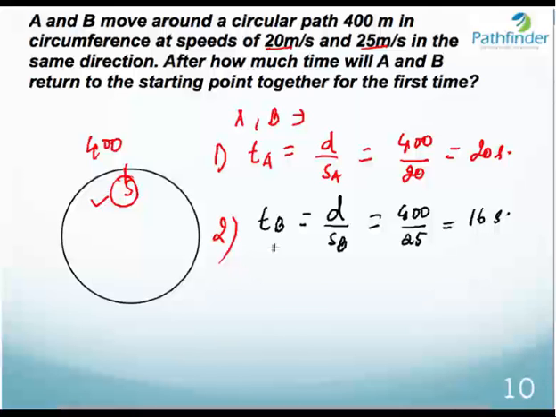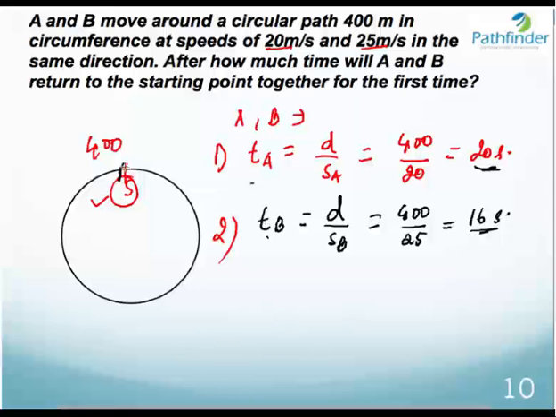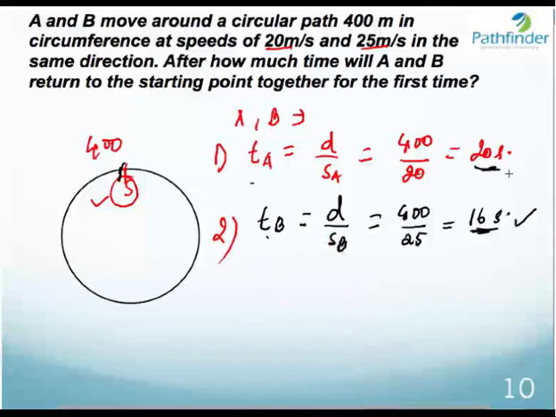So this is more like a question on LCM, finding the LCM of 16 and 20, because A will come back to the starting point after times which are multiples of 20, say 20, 40, 60, 80 and so on. And similarly, B will come back to the starting point after times which are multiples of 16, say 16, 32, 48, 64, 80 and so on.